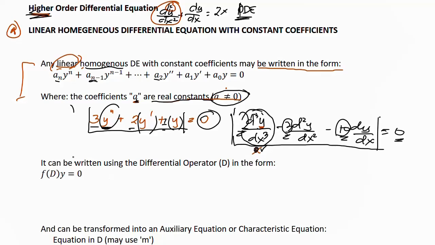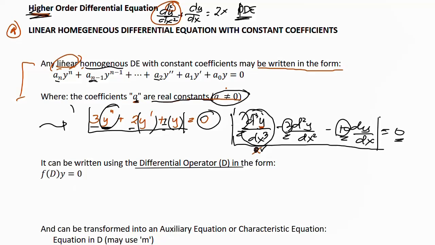Okay, so moving forward, it can be written using the differential operator D in the form f of D, y is equal to 0. So in this topic, it is important to use what we call the differential operator to write these higher order differential equations.